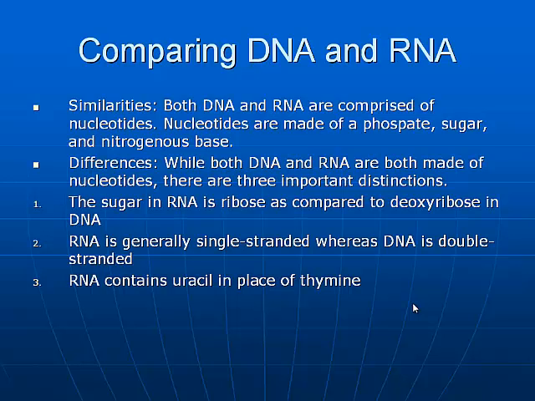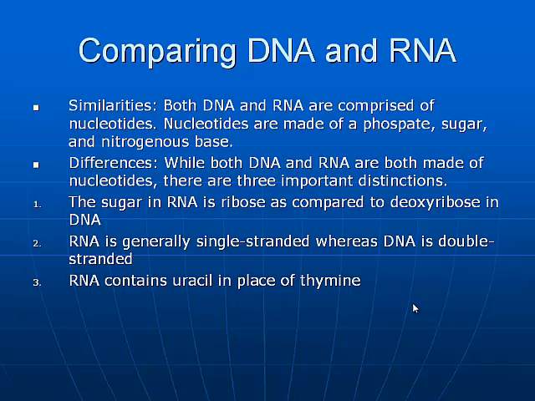Now, what this means is there's a certain carbon that instead of having an OH group or hydroxyl group, has just a hydrogen. There's a loss of an oxygen in one of the carbons of deoxyribose as compared to ribose. Now, functionally, this makes DNA much more stable than RNA, which is one of the big reasons why RNA could not be the molecule that contains genetic material.